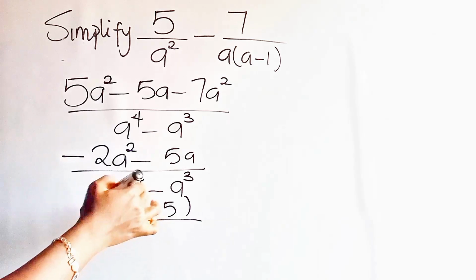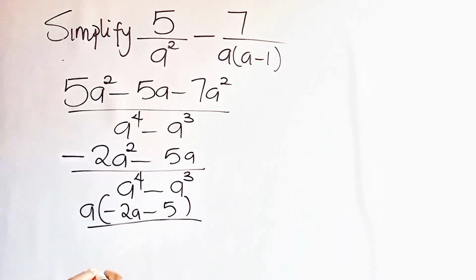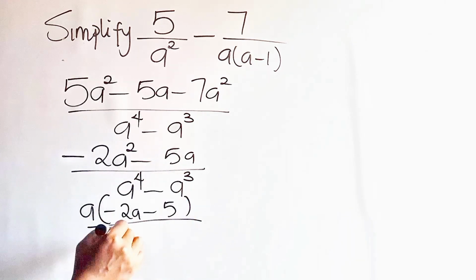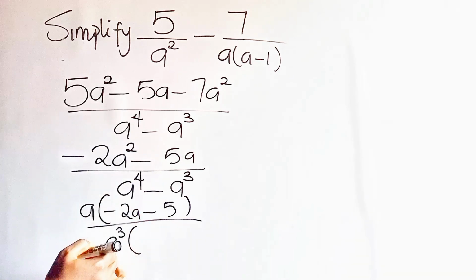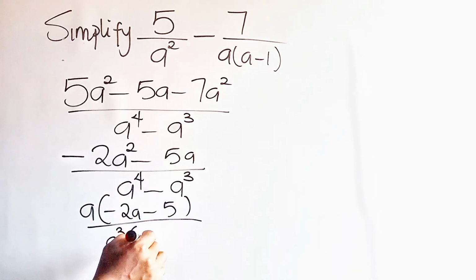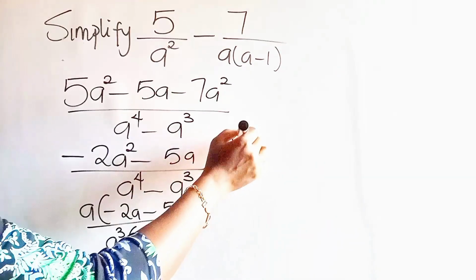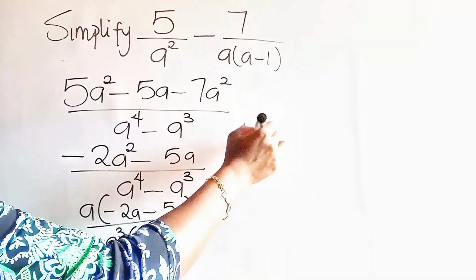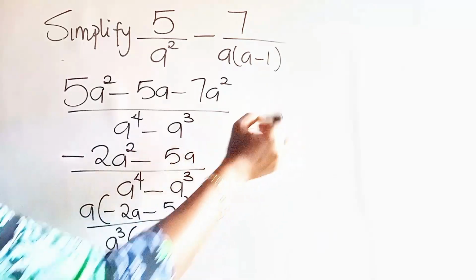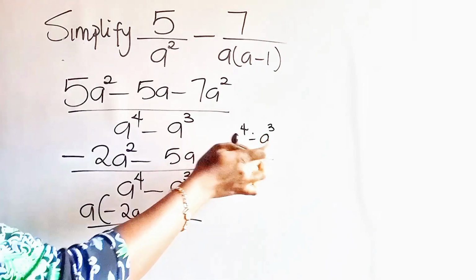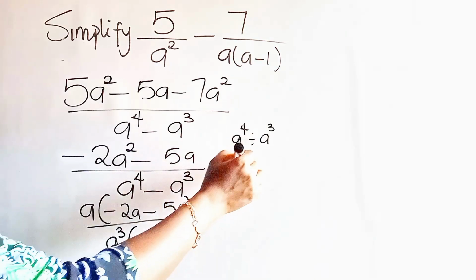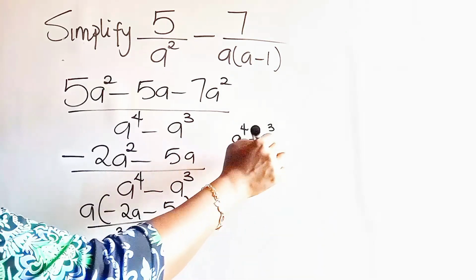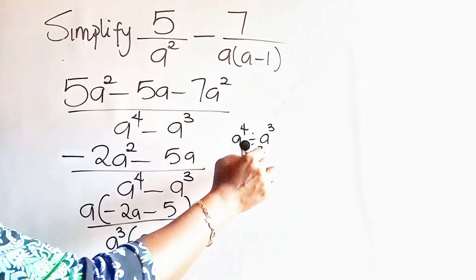Then here, the common term between a raised to the power of 4 and a raised to the power of 3 is a raised to the power of 3. So a raised to the power of 4 divided by a raised to the power of 3, we will be left with a. See how it is done. Applying the laws of indices, this division changes to the subtraction of the powers since they have the same base. So we have a raised to the power of 4 minus 3, and this gives us a raised to the power of 1.